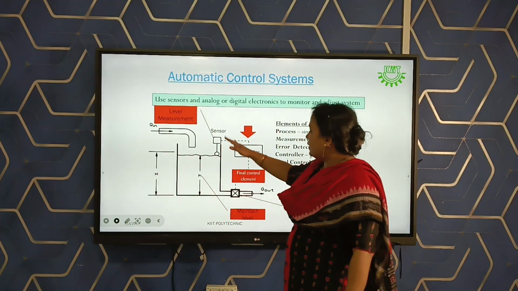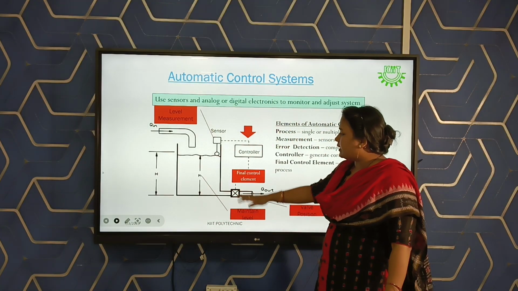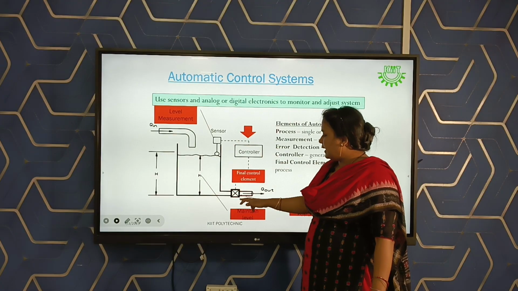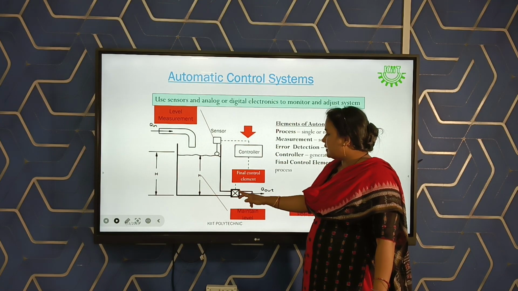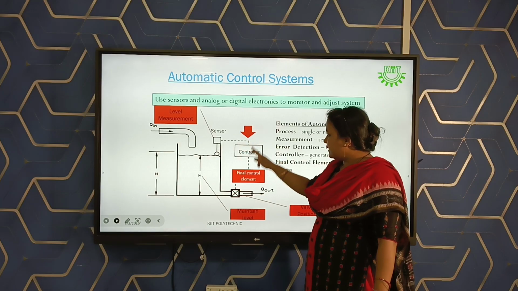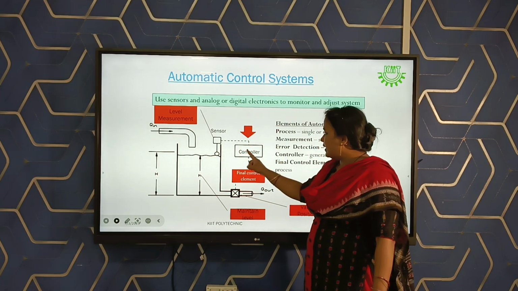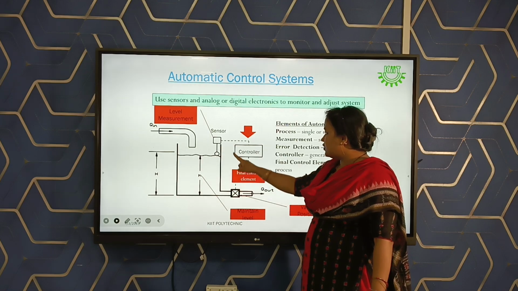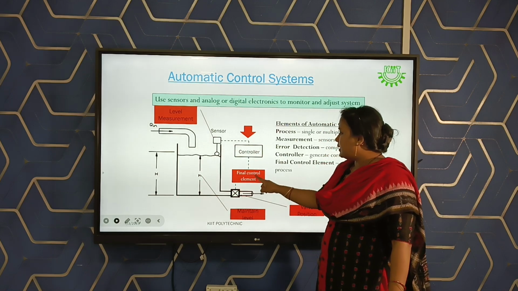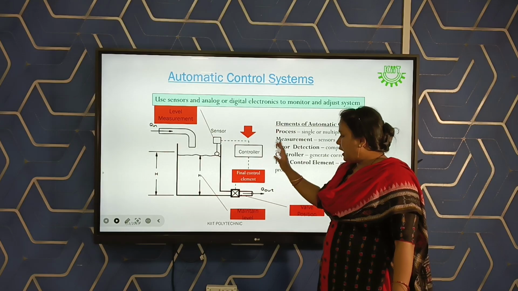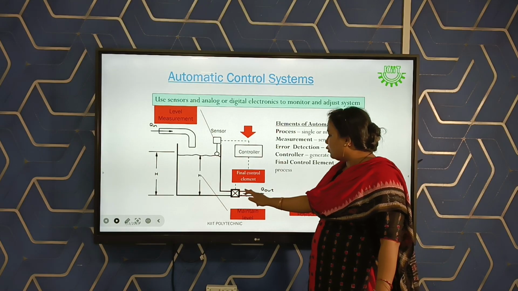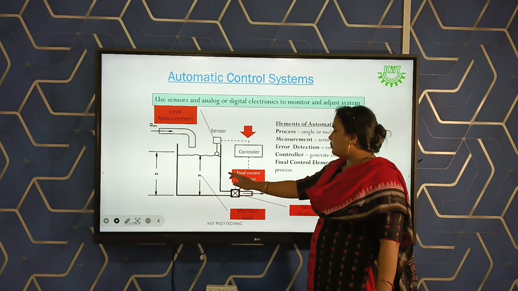So here, if we compare the previous two diagrams, we can see that rather than human interference, the valve will be sensed and controlled by the sensors. Everything else is the same. We have one sensor, another is the controller, and the final element is there. Our major aim is to control the flow of water from the tank.